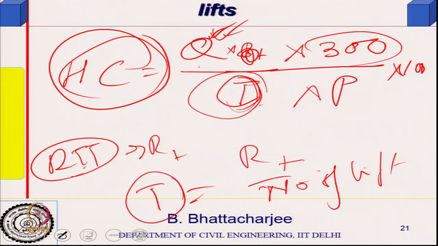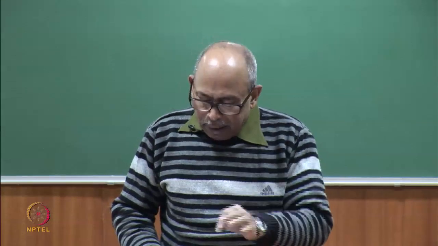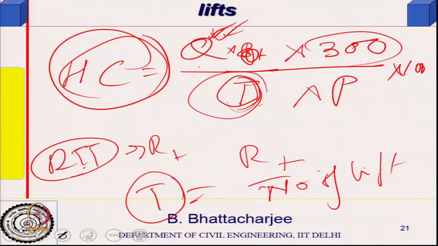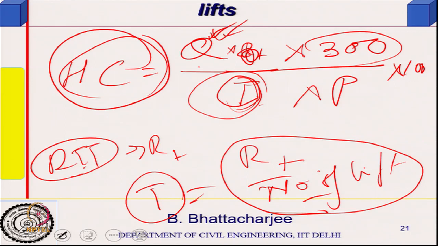It should of course be an acceptable value, and I will give you that value as well. So the number of lifts you can calculate, because T is RT divided by number of lifts. For a given known Q you can find out RT, and RT divided by number of lifts should equal T. On this basis you can find out the number of lifts.